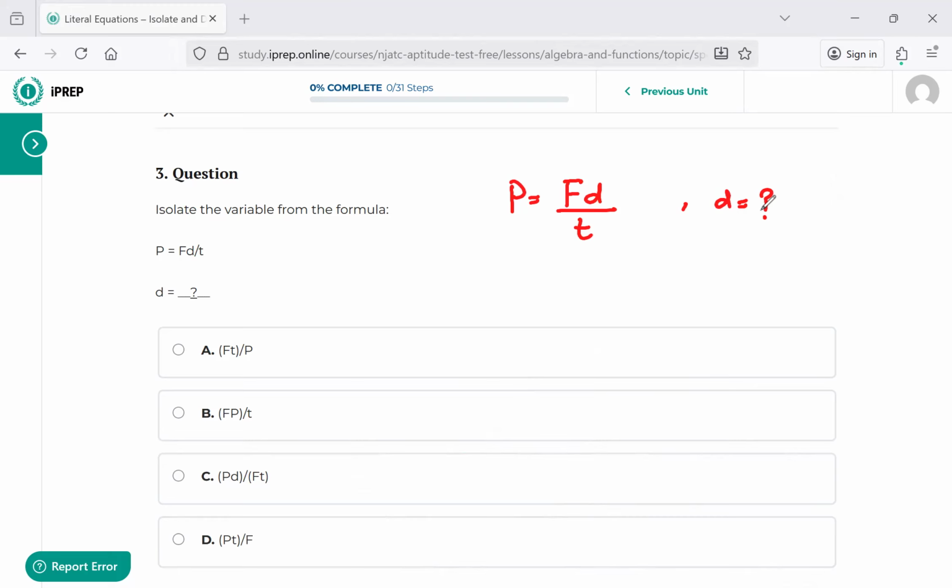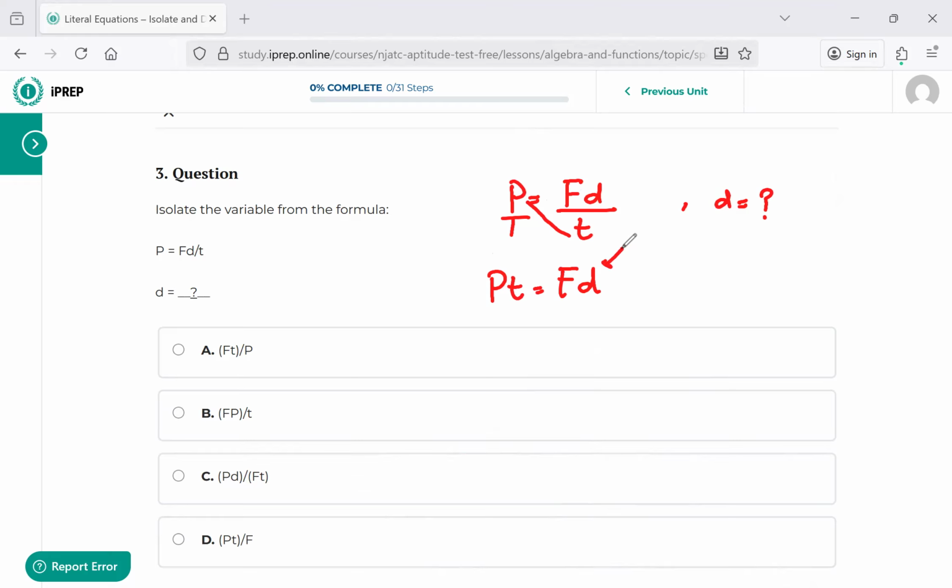What I could do is cross multiply or get rid of the fraction. It's up to you. You can cross multiply because there's only two sides. So if you decide to cross multiply, this would be big P times small t equals 1 times F d. That would be F and then lowercase d, right?